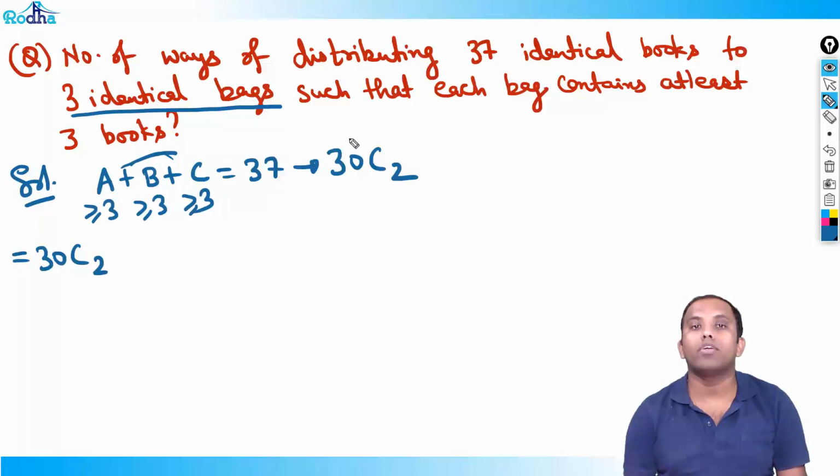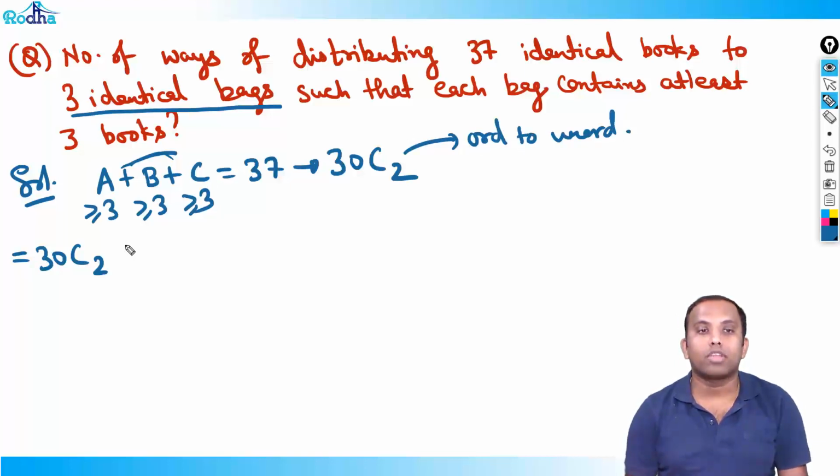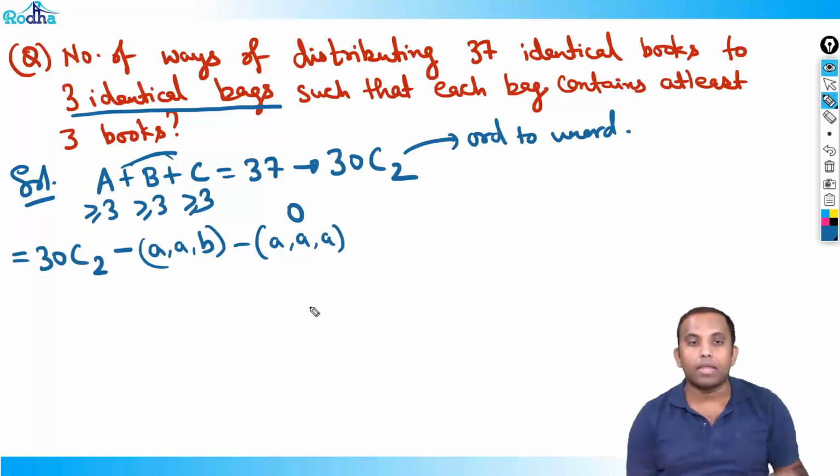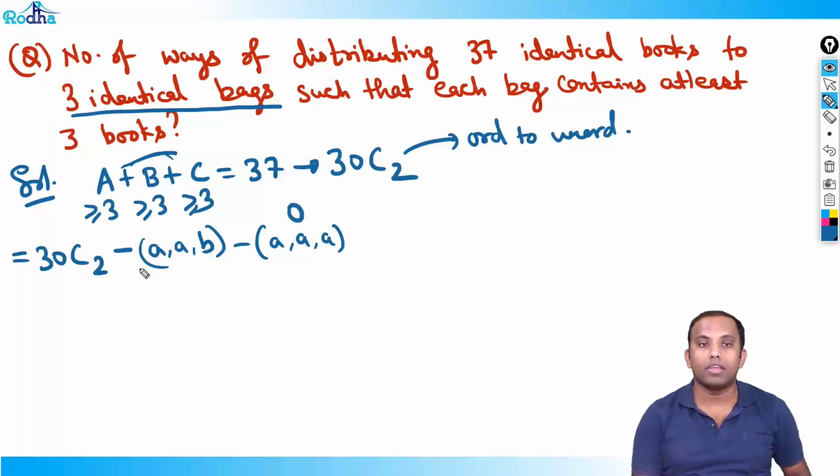So we have to convert from ordered to unordered. So 30C2 minus how many cases of AAB? How many cases of AAA? AAA will be 0 because 37 is not a multiple of 3.